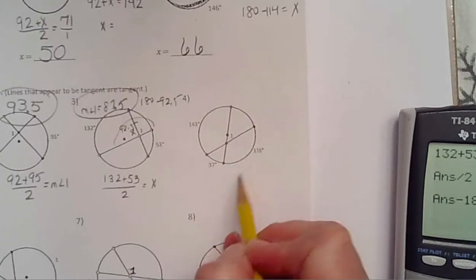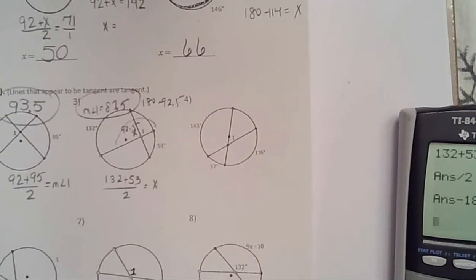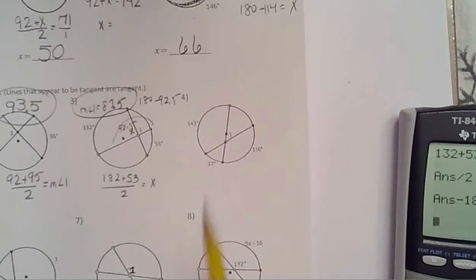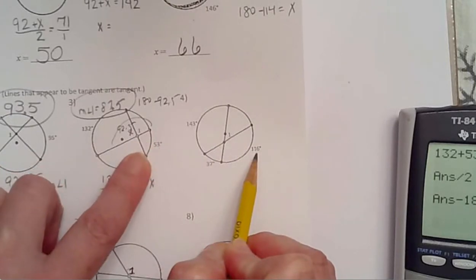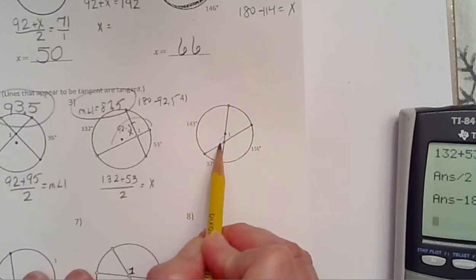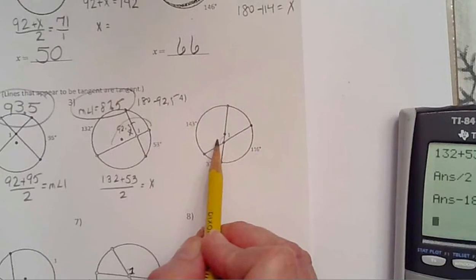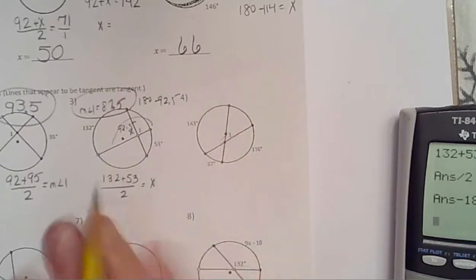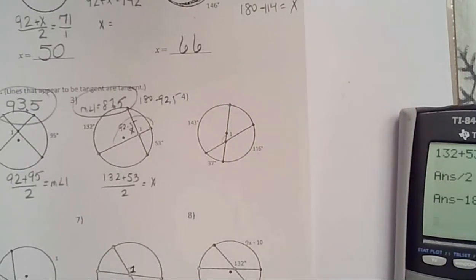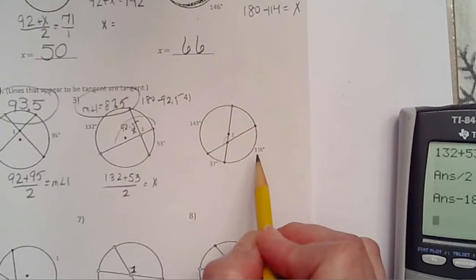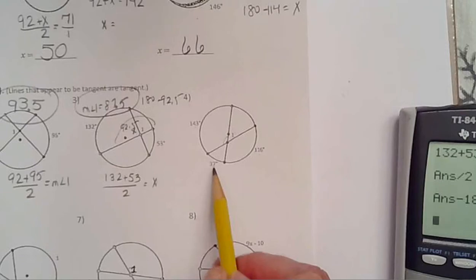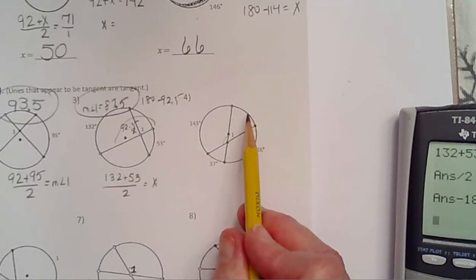Arc plus arc divided by 2. Several different ways I can do this. We can do what we've been doing, which is arc plus arc divided by 2, and that's going to give you this angle, and you can subtract from 180 and get 1. Perfectly fine. We can also notice that this entire circle is made up of 1, 2, 3, 4 arcs.